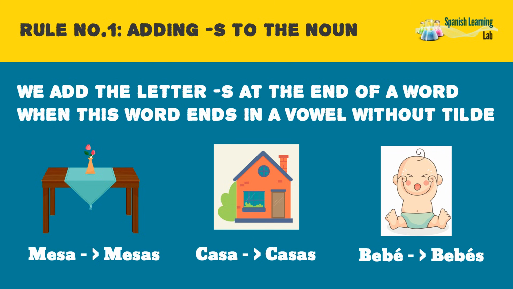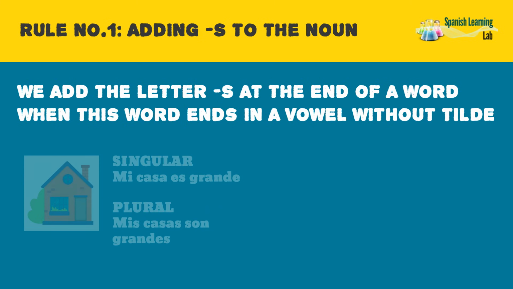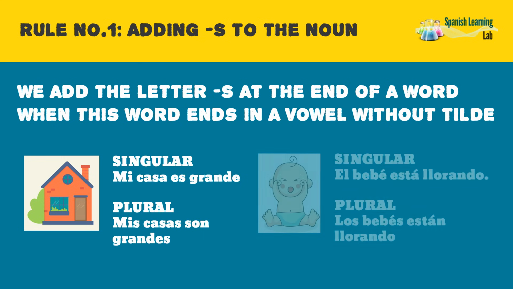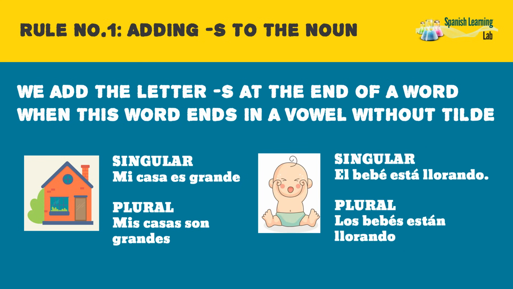We also add the letter s to words ending in e with tilde, such as bebé, this word being an exception to the rule. These are some examples of simple sentences following this rule. Casa. Mi casa es grande. Mis casas son grandes.